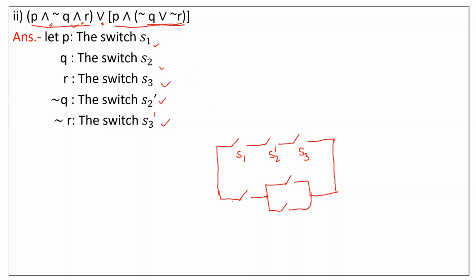Okay. So this will be S1, S2 dash, S3 dash. So this is the switching circuit. So this is the battery, and you have to draw a lamp also. Okay. So this is very simple.